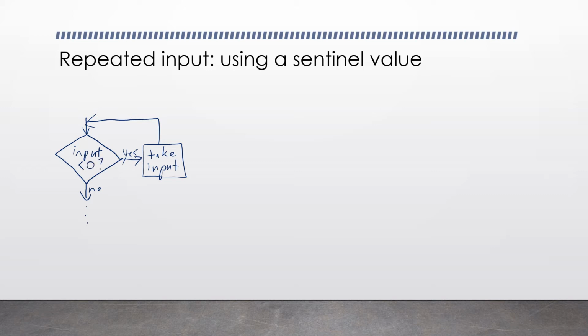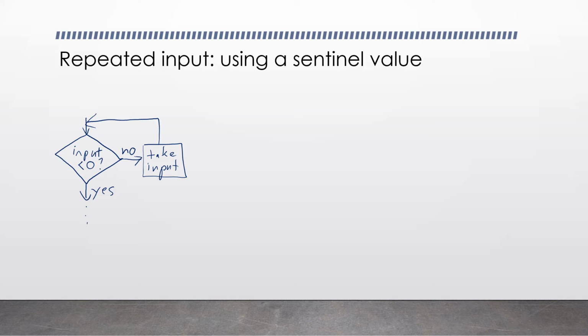The answer should be no if we just got a legitimate grade, and it should be yes if the user was typing what we call a sentinel value, a value that indicates that the list is done. So the prompt to the user might say, enter a list of numbers, enter -1 to end.